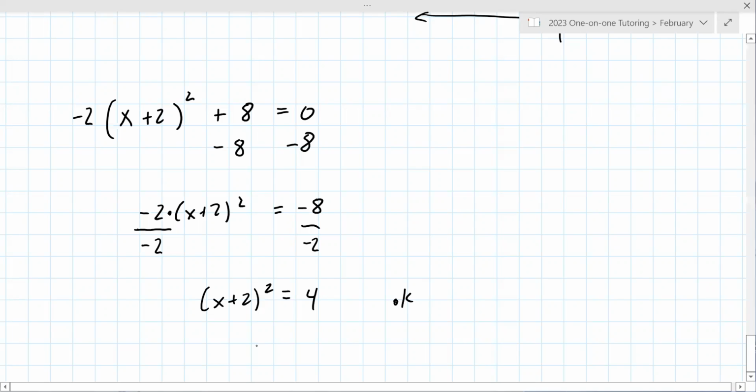Okay. What is your answer or answers? X equals 1, X equals -4.